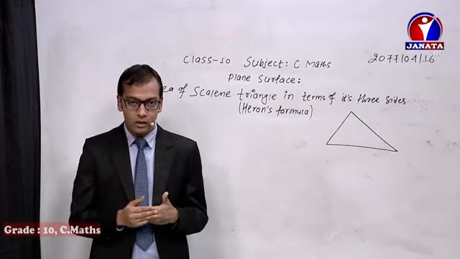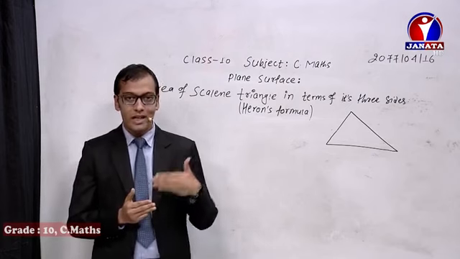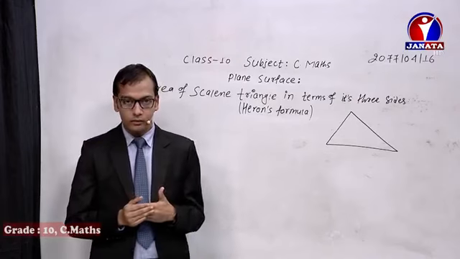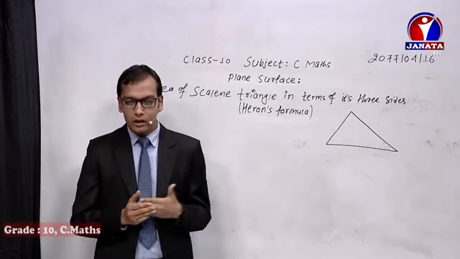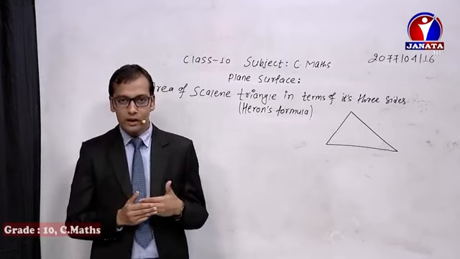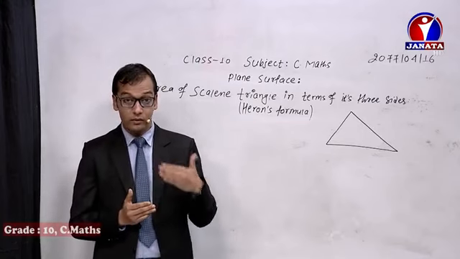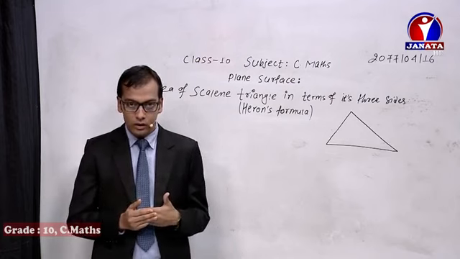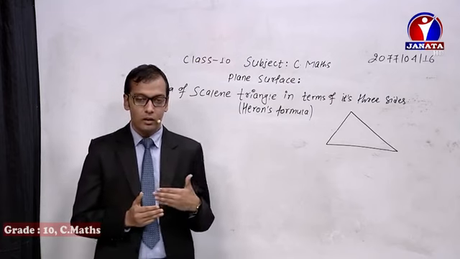Let me connect today's topic with the last class. If my memory is correct, I discussed the area of a triangle in terms of its base and height, the area of an isosceles triangle, I derived the formula, and then the area of an equilateral triangle and the area of a right angle triangle.